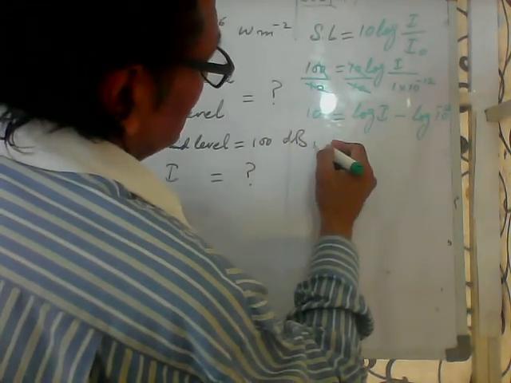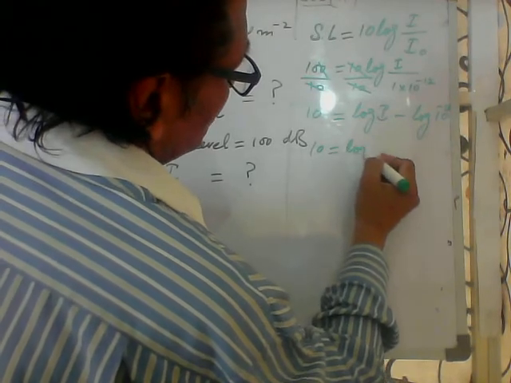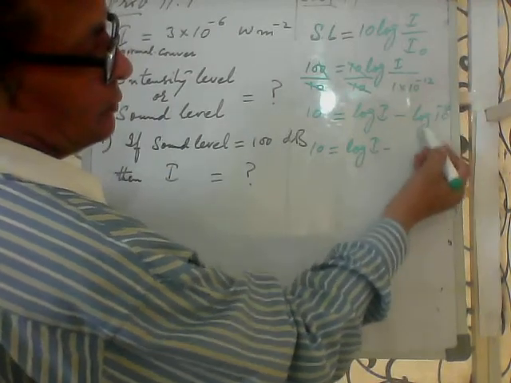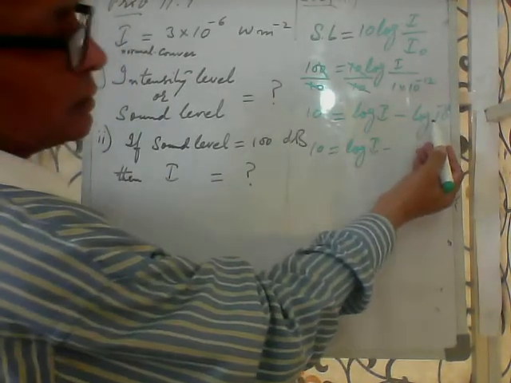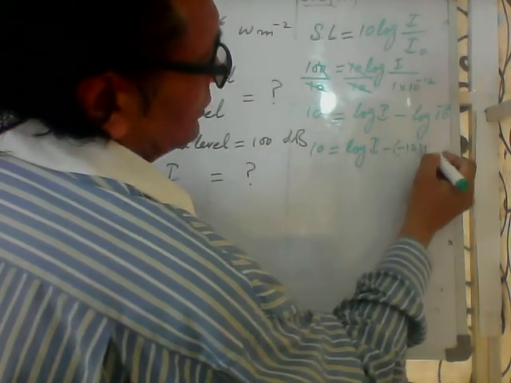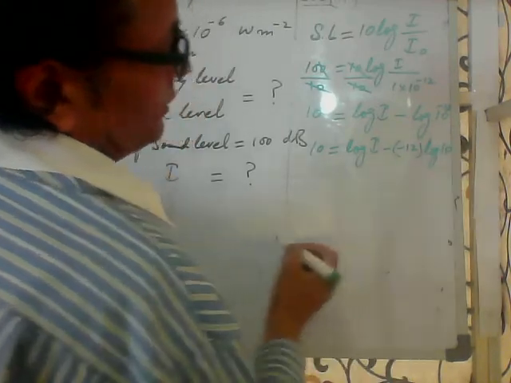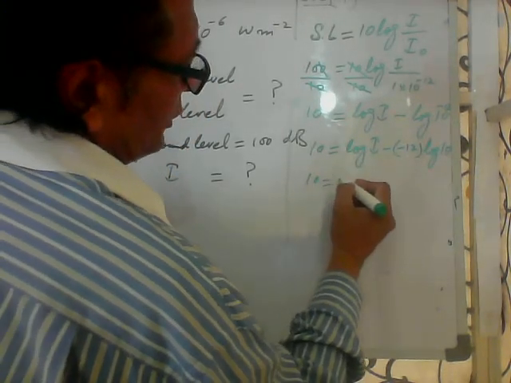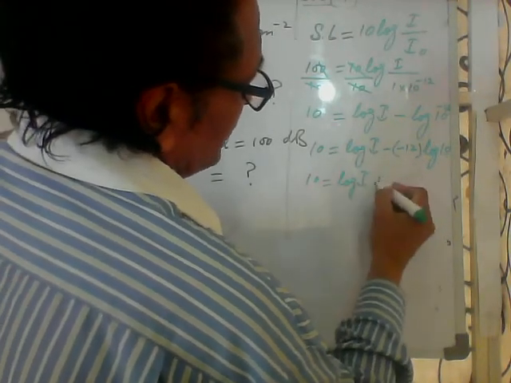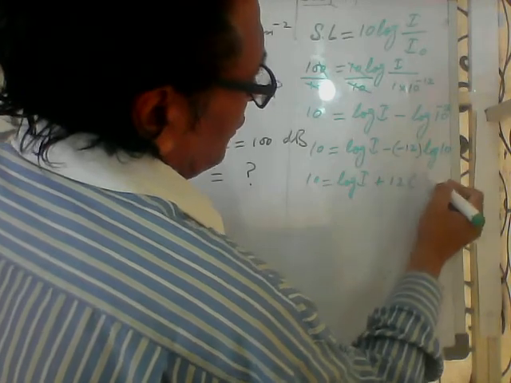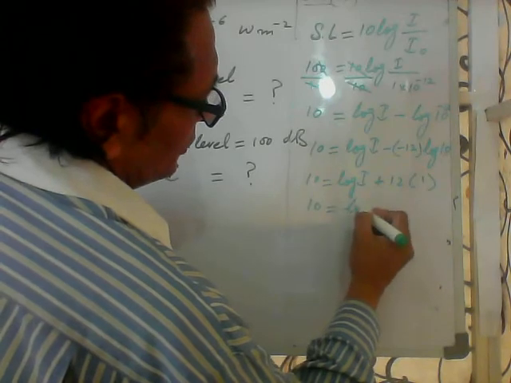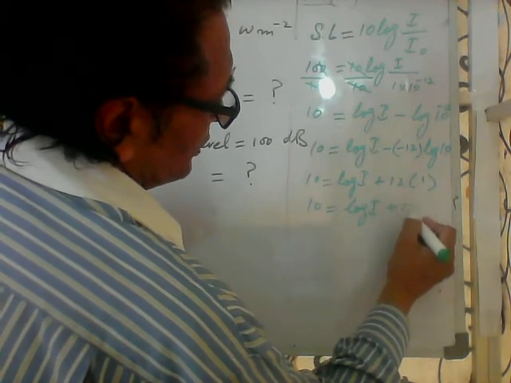So we get 10 is equal to log of I minus, and this will again, third law of log, power comes as a coefficient, minus 12 log of 10. So we got 10 is equal to log of I minus minus plus 12 into log of 10 is 1. We got 10 is equal to log of I plus 12.